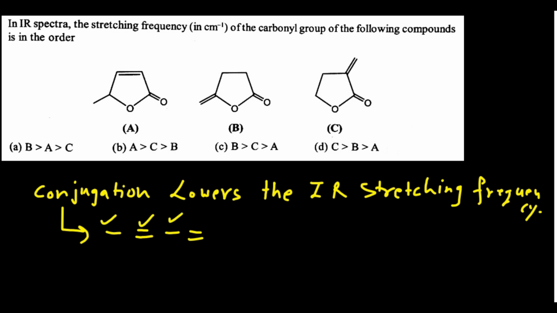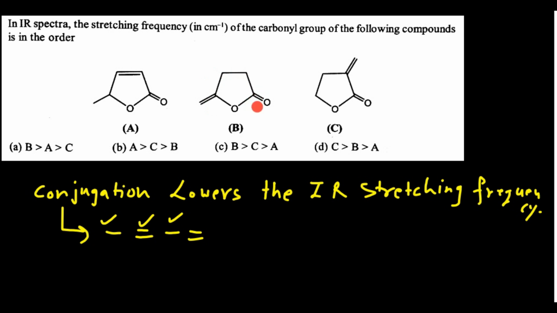You can see here this carbonyl is a double bond, this is a single bond, this is a double bond. So conjugation is there, and it will have the lower stretching frequency. For this compound also, this is double, this is single, this is double, so this will also have the lower value. Option B is not conjugated: you see a double bond here and a double bond here, there is no conjugation, alternate presence of single and double bonds is not there.